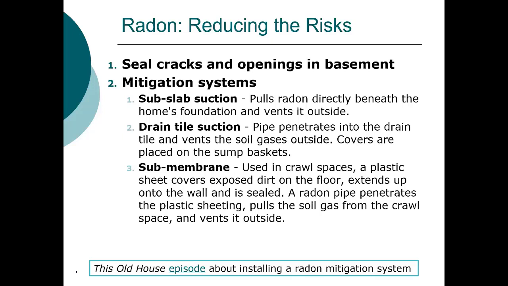So this is what we have in our house. There's a sump pump, which is a sump that's not pumping water, it's pumping gas. So it's pulling the air from the subfloor so that it permeates and goes up the pipe to the roof, and it's vented outside.